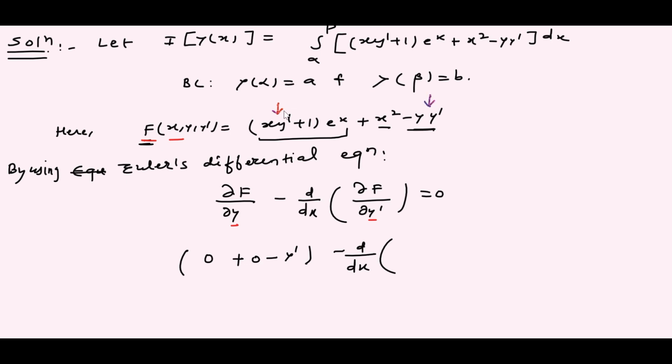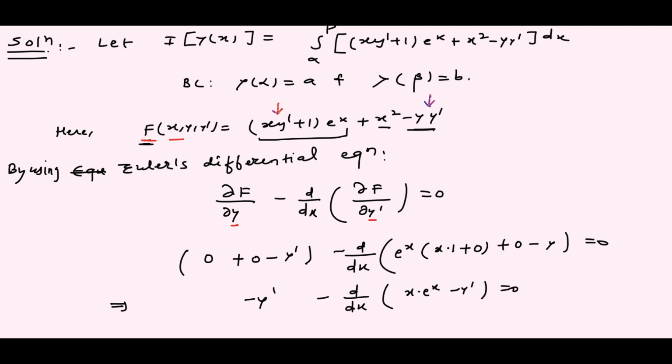So differentiating the whole term with respect to y dash, we will get e to the power of x, take outside, then here will be x multiplied to 1 plus 0 plus 0 negative, differentiating with respect to y dash it will give y is equal to 0. So now further simplifying, we will get negative y dash, negative d over dx of x times e to the power of x negative y dash is equal to 0.